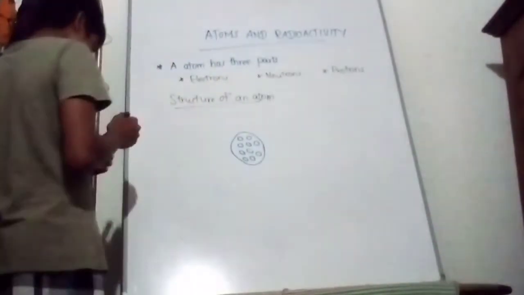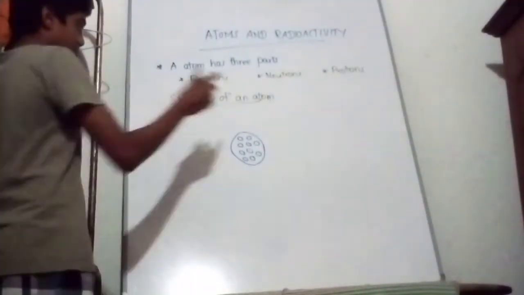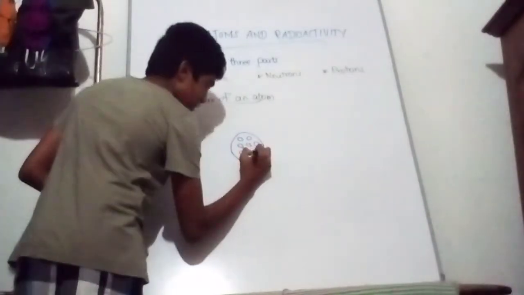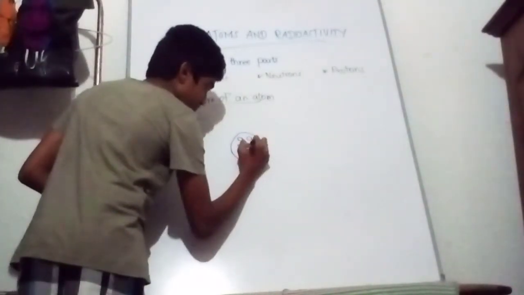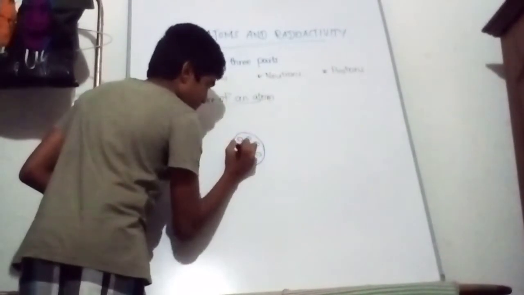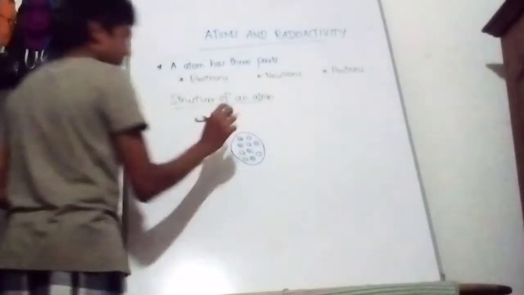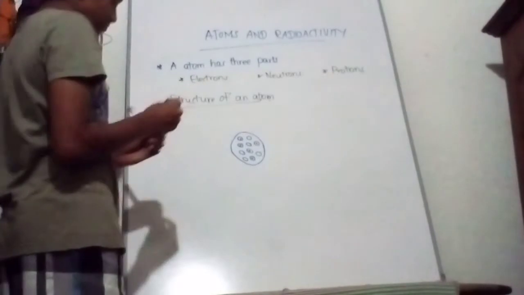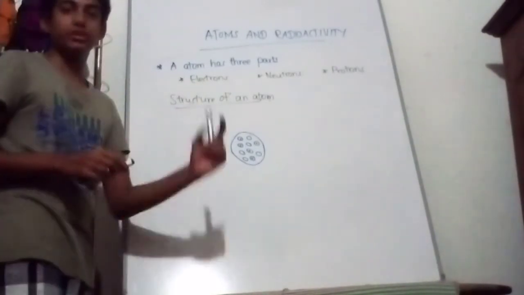So I'm going to mark, this is the nucleus of the atom. These plus marks are protons, and the ones which I have not marked anything are the neutrons because they are neutral.